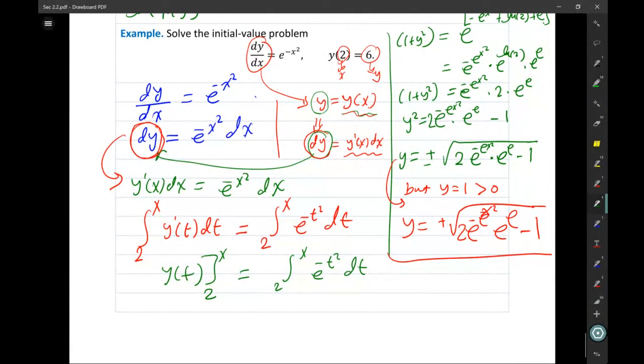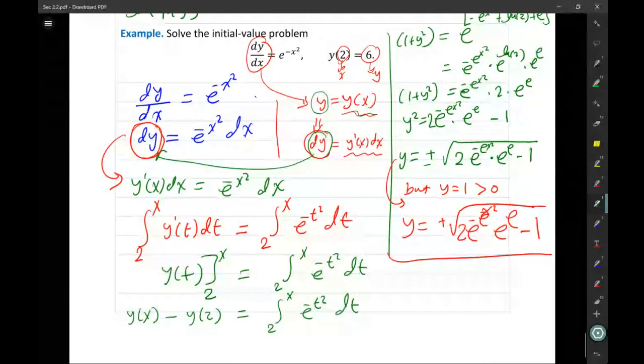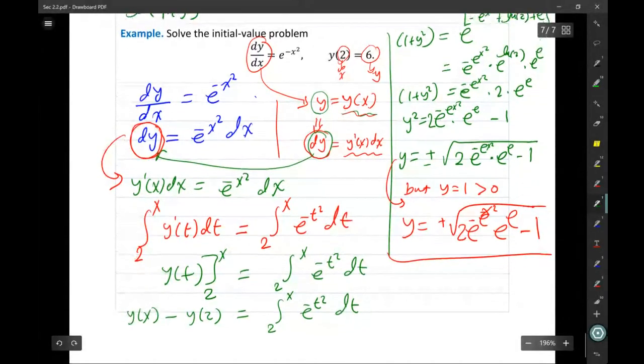Now y of t, when you substitute x, becomes y of x minus y of 2, equal to the integral from 2 to x of e to the power minus t squared dt. Y of 2 is given, it is equal to 6. Then y of x minus 6 is equal to the integral from 2 to x of e to the power minus t squared dt.